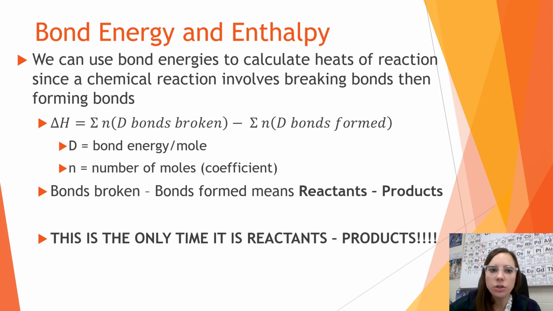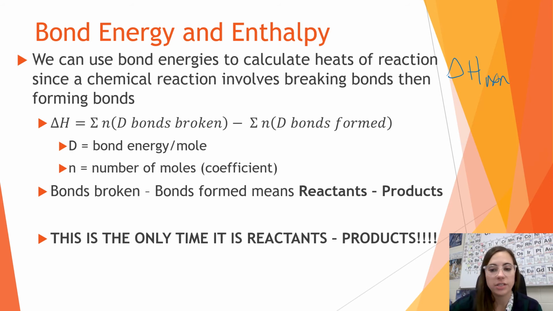So we can use bond energy to actually calculate the heat of a reaction, so that same delta H, enthalpy or heat of reaction, but we're going to use bond energies instead of heats of formation. Now, something you've got to remember, this equation is not given to you on your equation sheet. Now, it's not difficult.